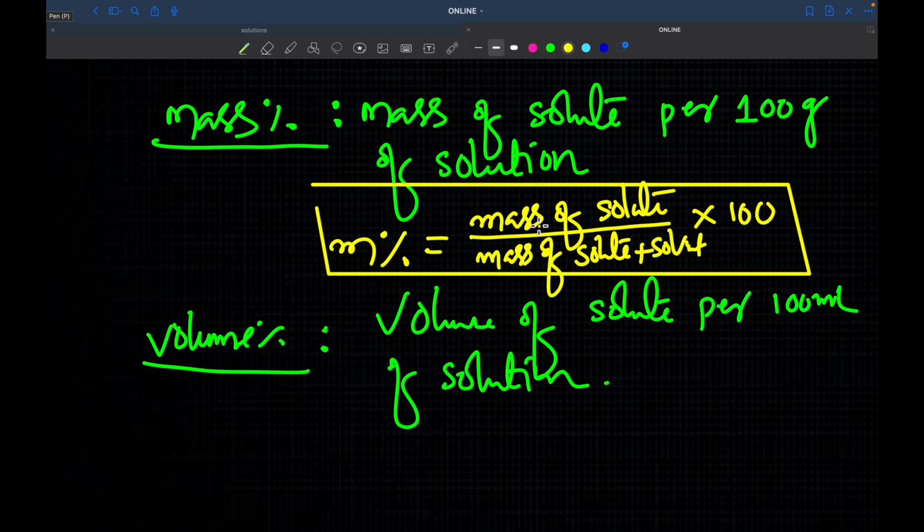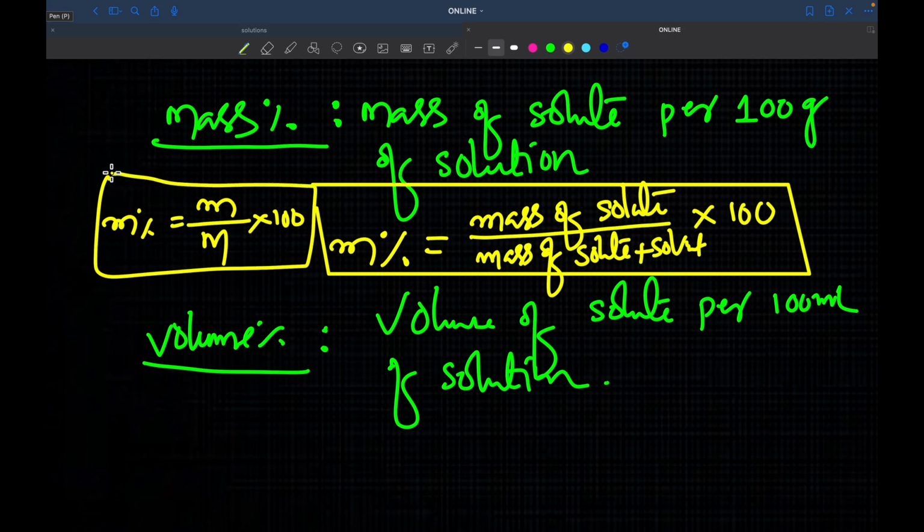Mass percentage equals mass of solute by mass of solution into 100. It is a simple formula: divide one by the other. For volume percentage, just write volume in place of mass.